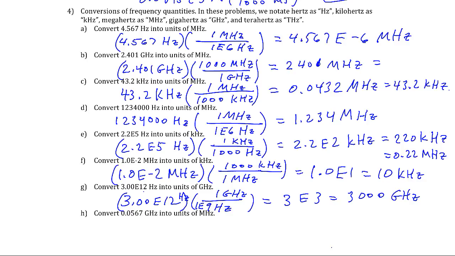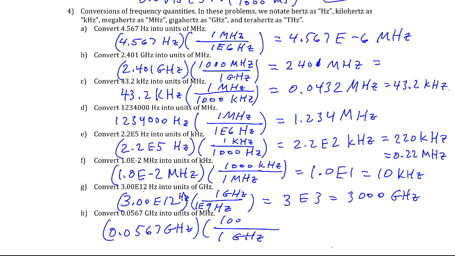Okay. Finally, 0.0567 gigahertz into the units of megahertz. I'm going to say 1 gigahertz is 1,000 megahertz. This is a conversion factor. The gigahertz units cancel, and I'm left with 1,000 times this thing.